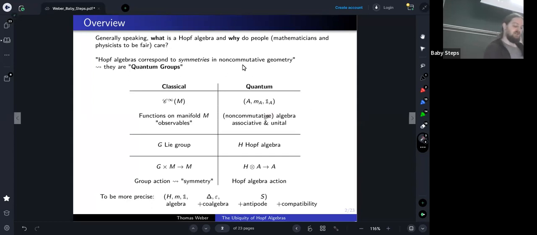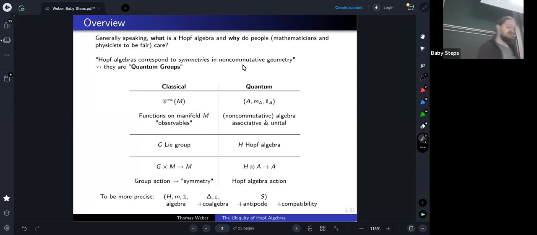So here we start with a, in general, not commuting algebra A, so just a vector space with some product M and some unit 1. And usually I ask this to be associative and unital. Many people might drop the unital. So there are good reasons not to want a unit, but this talk will be very basic. So let's have a unit.